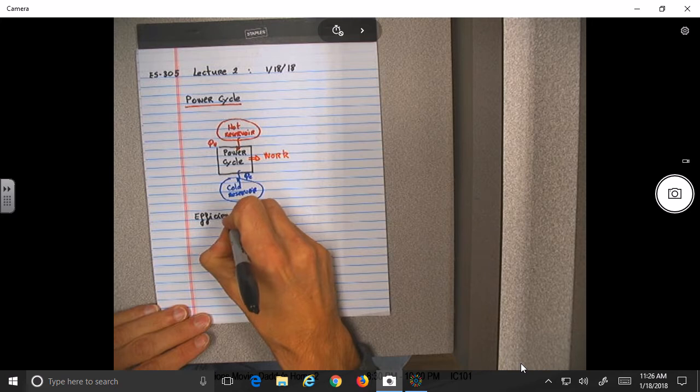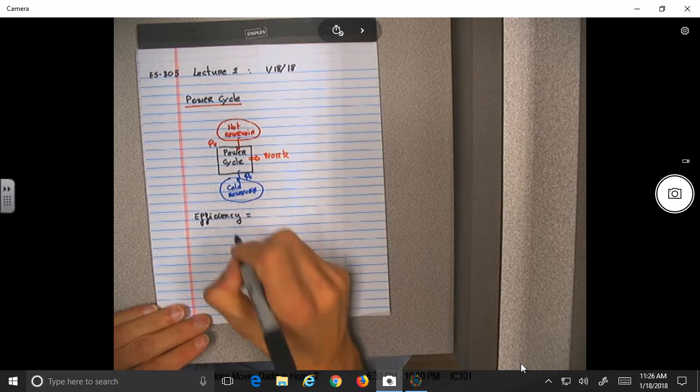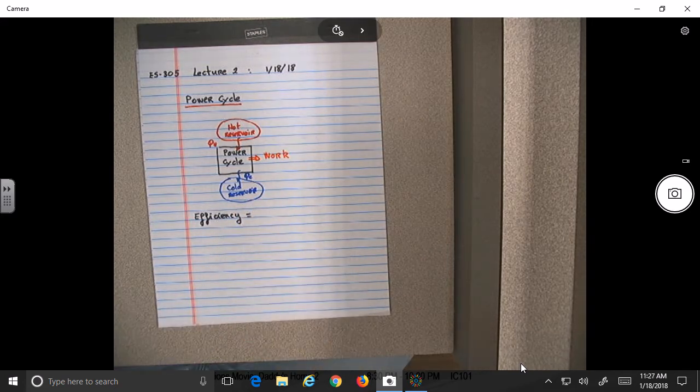So before we go to the efficiency, what is a general definition of the efficiency? In general, you don't even need to tell me for this case. What is efficiency? Okay, so in general it will be whatever you get out divided by whatever you put in, no?